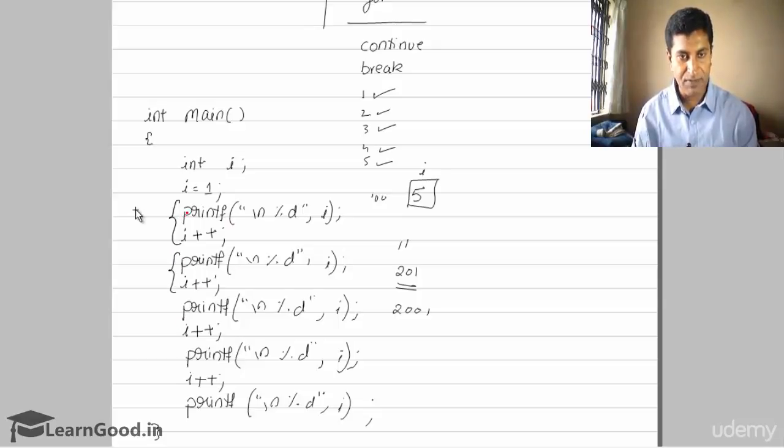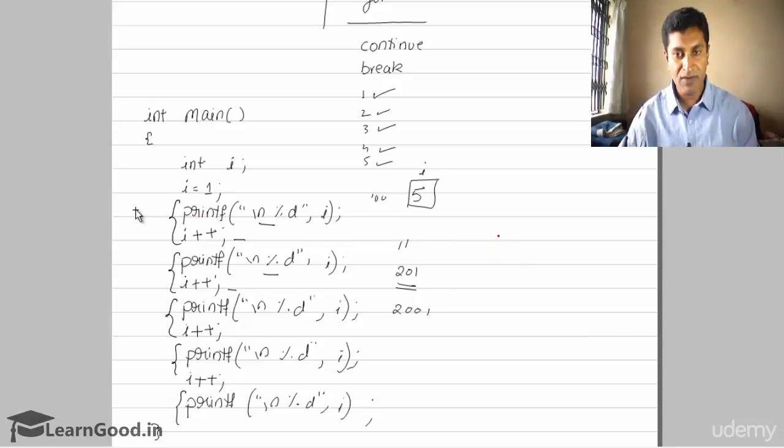Now what is the difference between this set and this set? printf %d I plus plus, printf %d I plus plus. There is no change in this set. So if you add one more I plus plus, it doesn't make any difference. There is no difference between this set and this set, so all are the same. Then when it is the same, why do we need to type this multiple times?